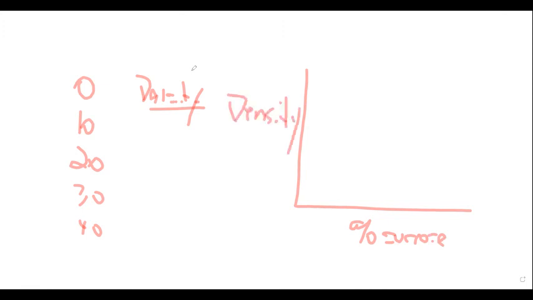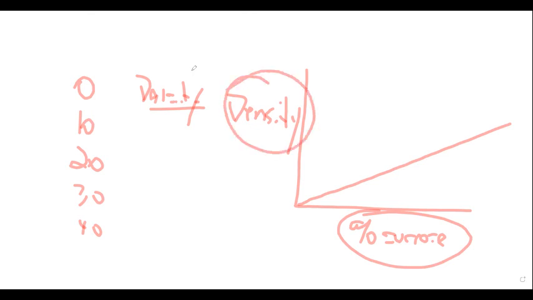So what this will give you is a relationship between the percent sucrose and the density. As we see, the more sucrose in the solution, the higher the density. So this will help you figure out precisely what the percent sucrose in your beverage is. How? Because you're going to determine the density of your beverage.